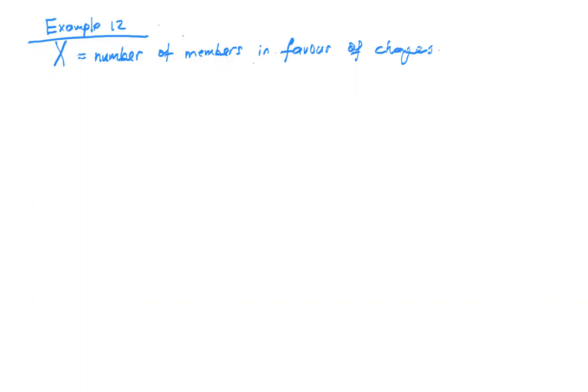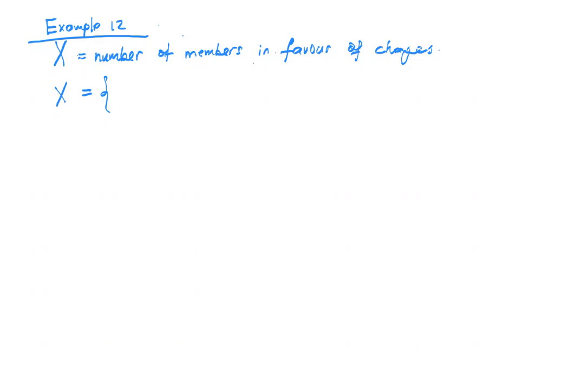All right? If you put like that, I would like to ask you, what are the possible values for X? If you write the statement like that, number of members in favor of changes, what does that mean? If you can't tell me the interpretation, put it into numbers. Okay. Sebastian, what are the possible values for X? Can it take 6? Why not?